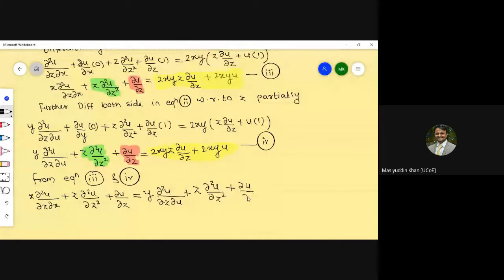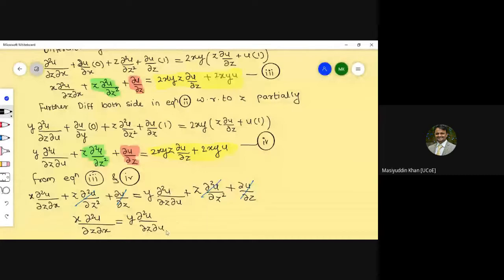Now then you can realize this part directly, जो मैंने highlight किया है, तो वो equal है, इसलिए direct cancellation part आप cancel कर सकते हो। This part is cancel this part, and at last you can say that x into ∂²u/∂z∂x is equal to y into ∂²u/∂z∂y.